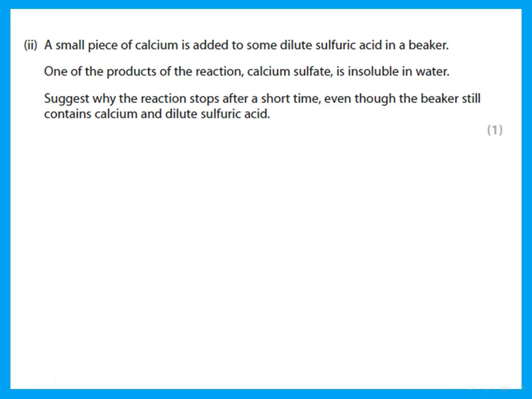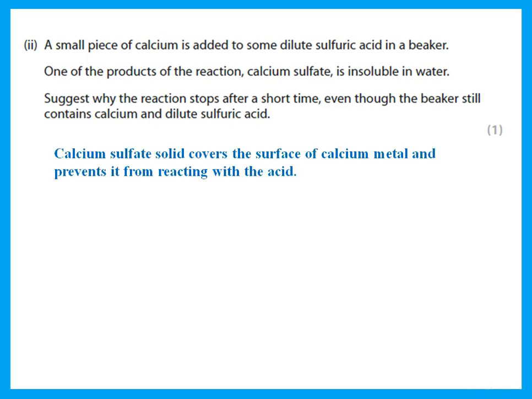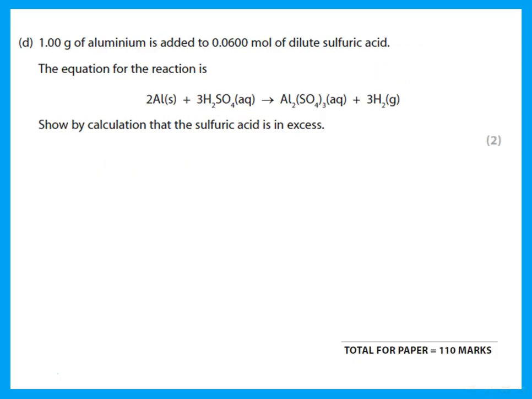Remember that when the reaction happens, it forms calcium sulfate, and he's telling me that the calcium sulfate is insoluble, so it will form a precipitate. This would cover the surface of the calcium metal and prevent it from reacting with the acid.